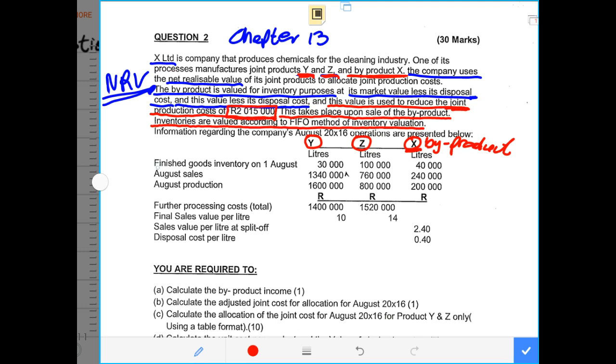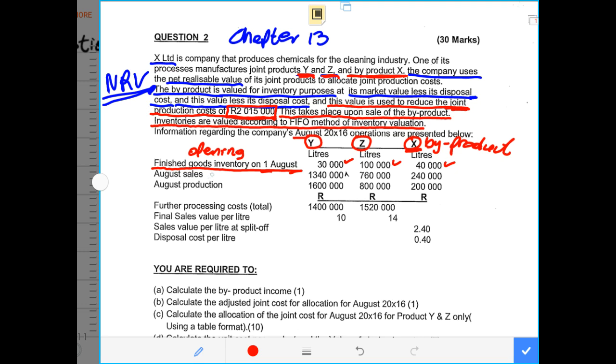Then it says finished goods inventory on the 1st of August. Remember, we are given this information for the month of August, so this will be the opening inventory at the beginning of the month of August, the 1st of August in the year 2016. We had 30,000 units, 100,000 units, and 40,000 units of inventory at the beginning of August.